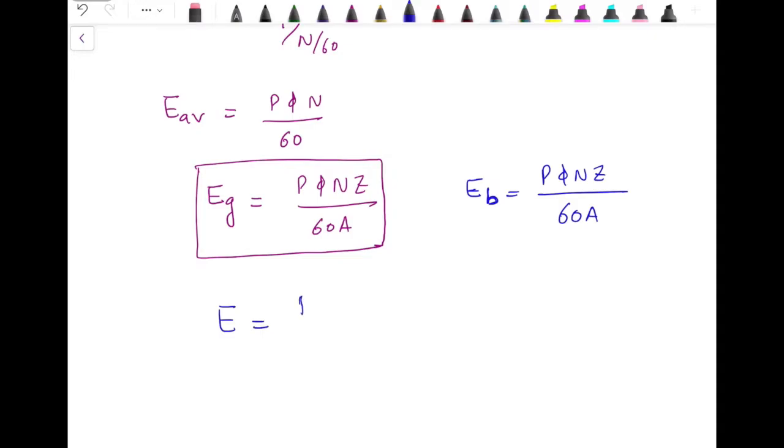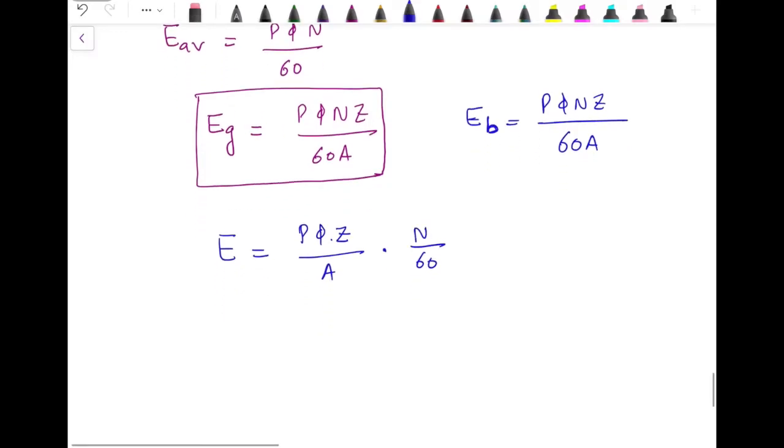So E can be written as P phi Z upon A into N by 60. N by 60 is speed in revolutions per second.